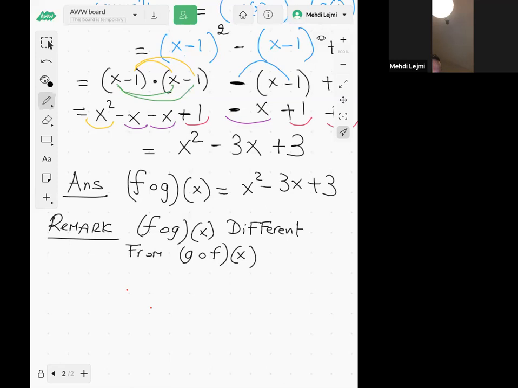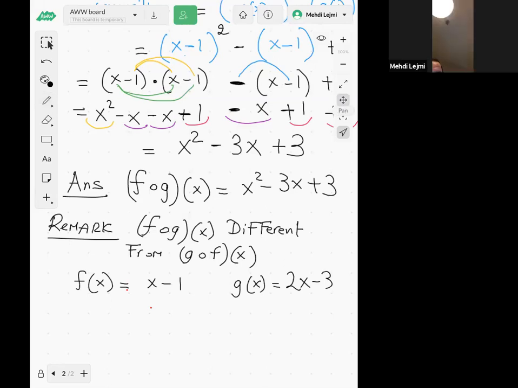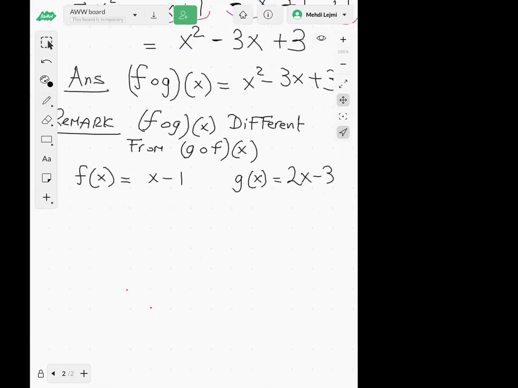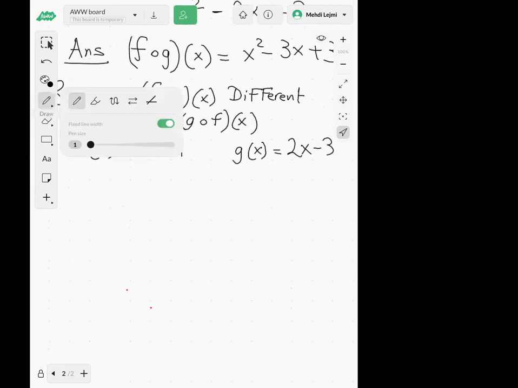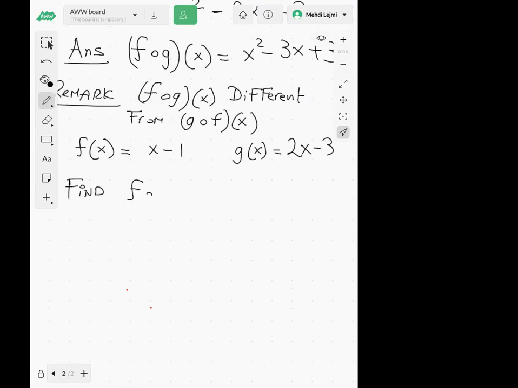So for example, let me take a very simple example so you can see. Let's say f of x is x minus 1, and g of x is, let's say, 2x minus 3. Let's do first f composed with g. Let's find f composed with g.